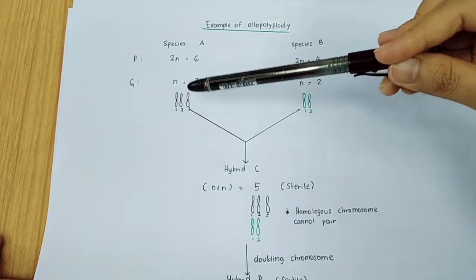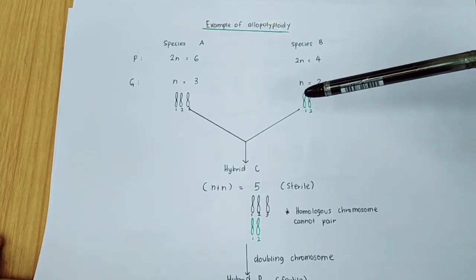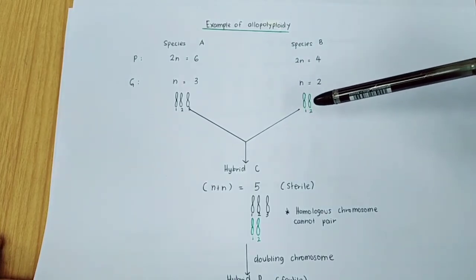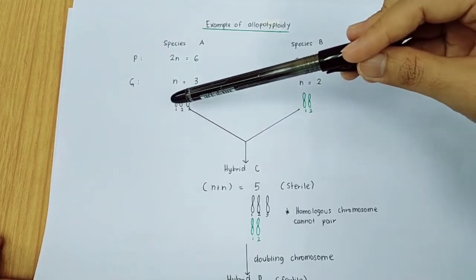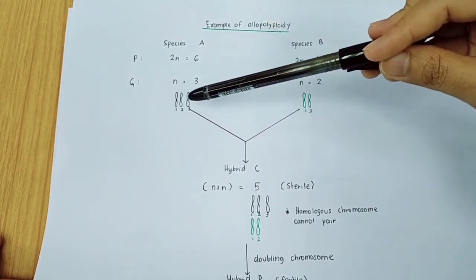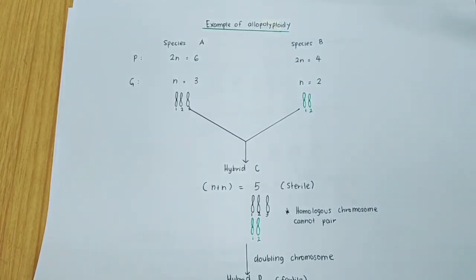So, untuk species A, dia ada kromosom 1, 2 and 3. For species B, it has chromosome 1 and 2. Okay, so remember, 1 and 2, dia bukan homologous chromosome. Dia adalah kromosom yang berbeza ataupun kita panggil sebagai non-homologous chromosome.